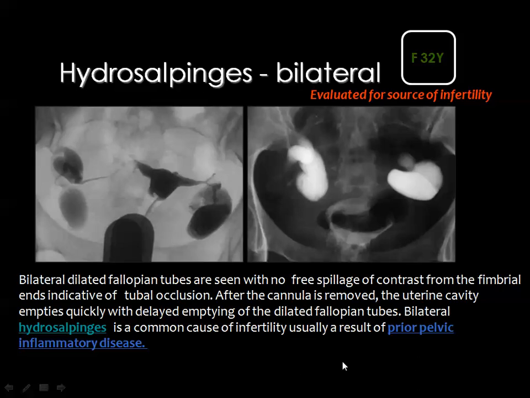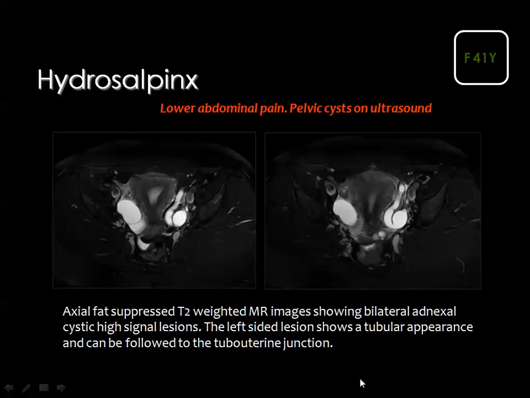Then the tubal obstruction of the fimbrial part will result in retention of the secretions within the tubes, and this is usually the sequelae of pelvic inflammatory disease.